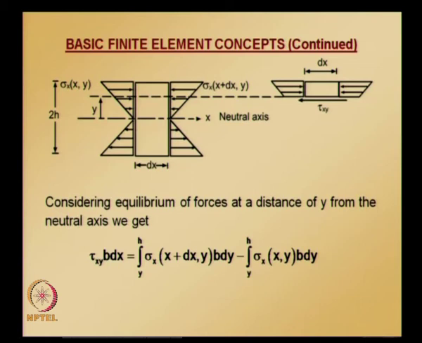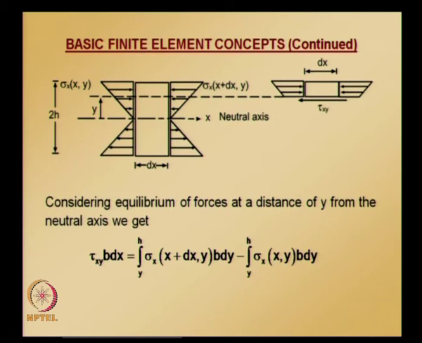And we simplify this equation by substituting what sigma x is. We have seen that sigma x is minus My divided by I, with a negative sign.